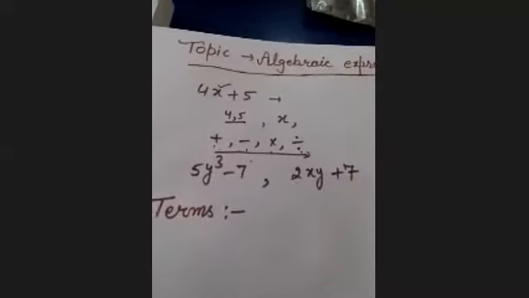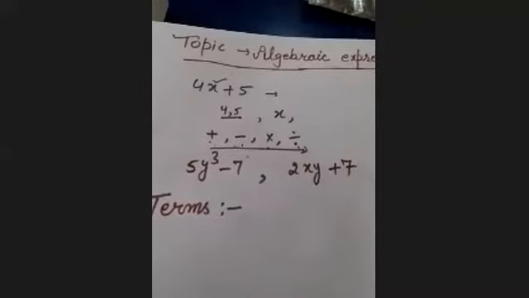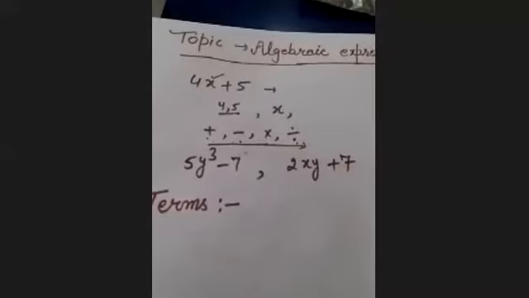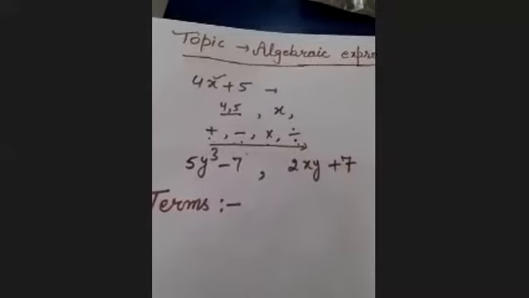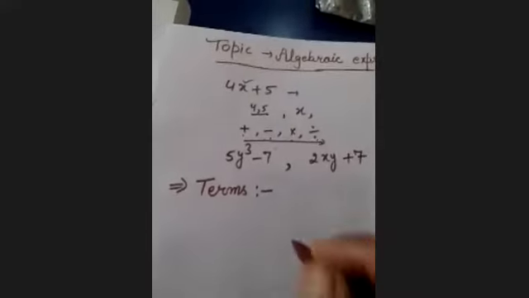So what are terms? The various parts of an algebraic expression which are joined by the four operations are known as the terms of the algebraic expression.